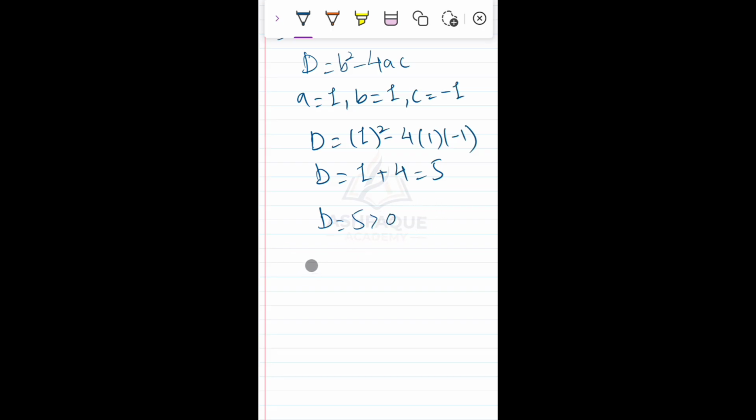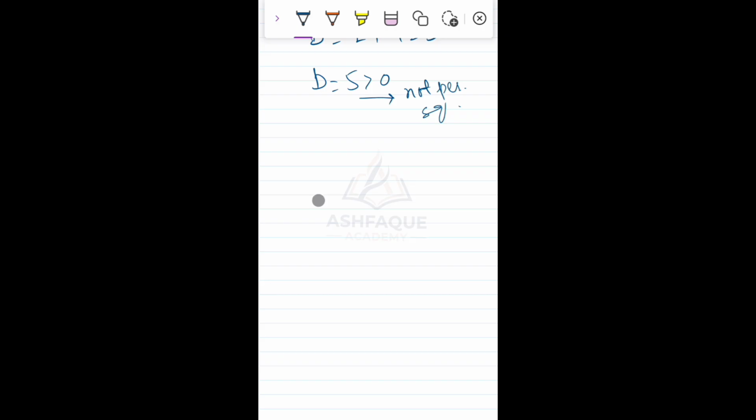It is not a perfect square, so we will use the quadratic formula, which is minus b plus minus under root b square minus 4ac upon 2a.